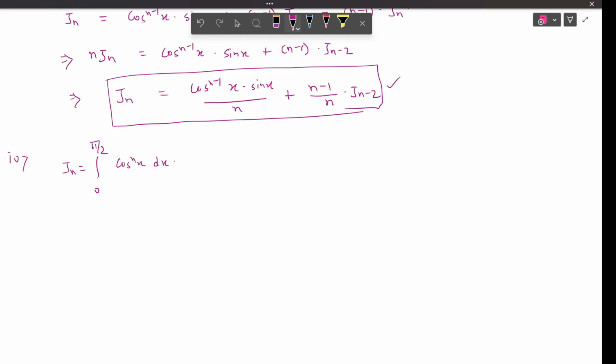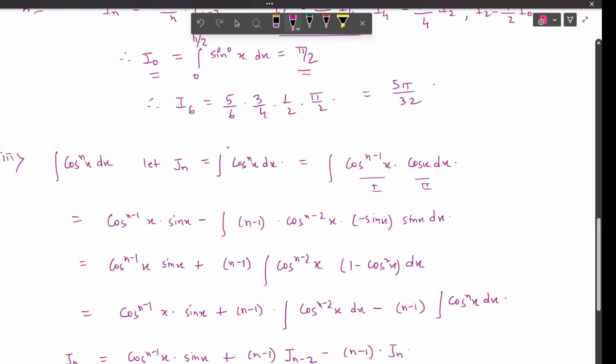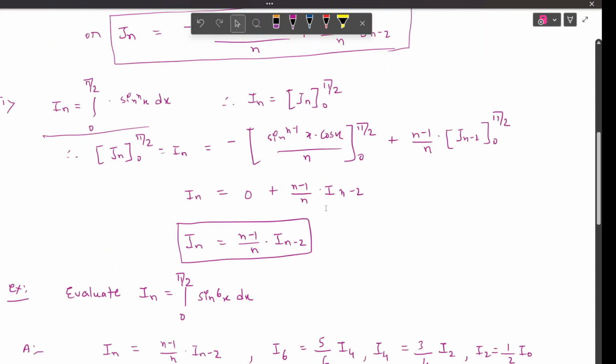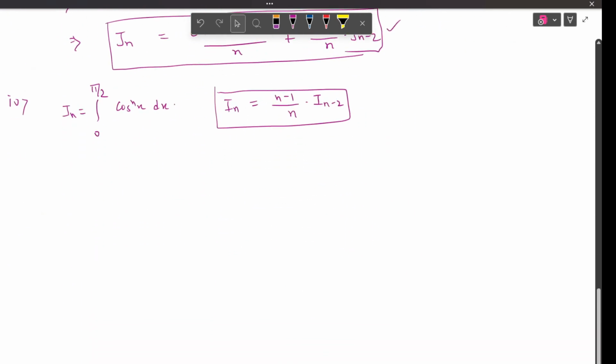From this you can get this limit, right? So In would be n minus 1 by n into I n minus 2. It is similar to what we derived for integration 0 to pi by 2 sine to the power n. So it is n minus 1 by n into I of n minus 2. It's the same formula. Same formula we got, right?